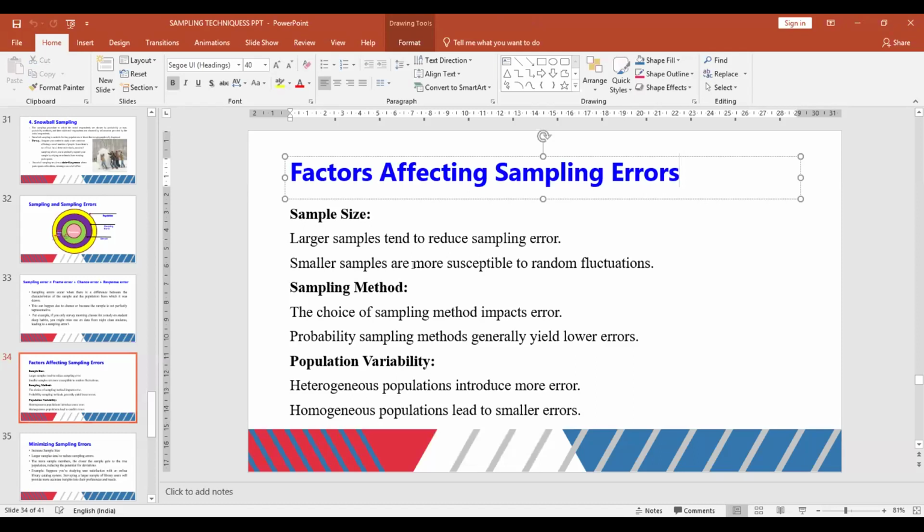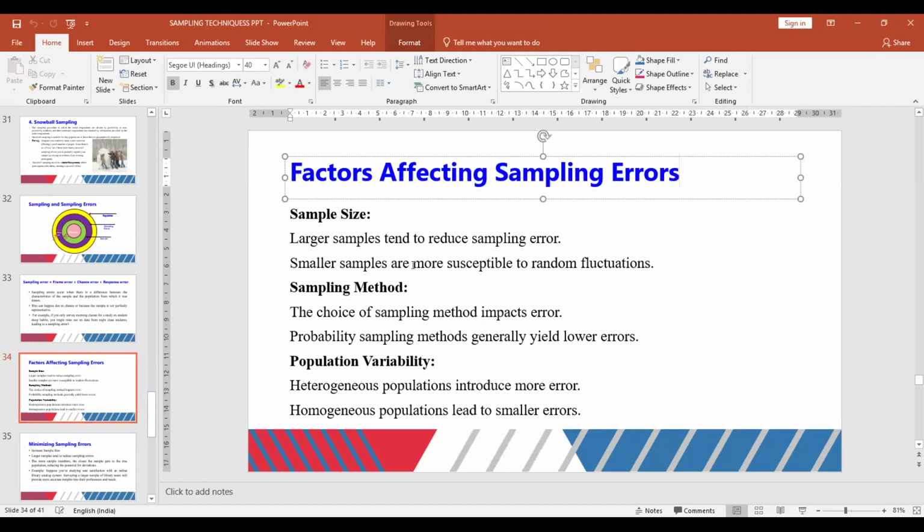Because heterogeneity introduces variation, while a homogeneous population leads to smaller errors. So, fellow friends, these are the factors which affect the sampling error.